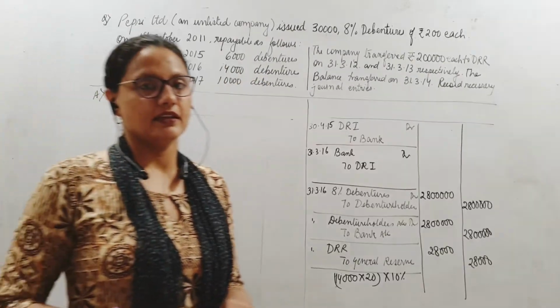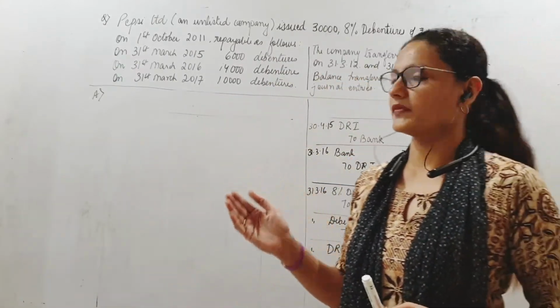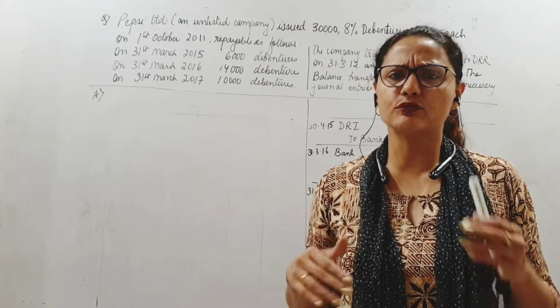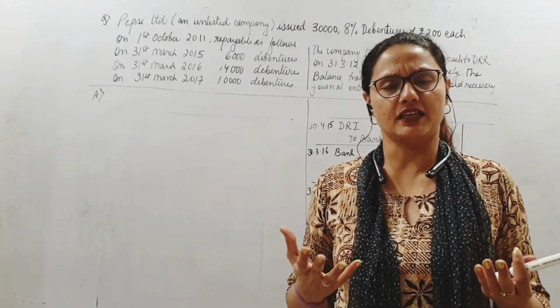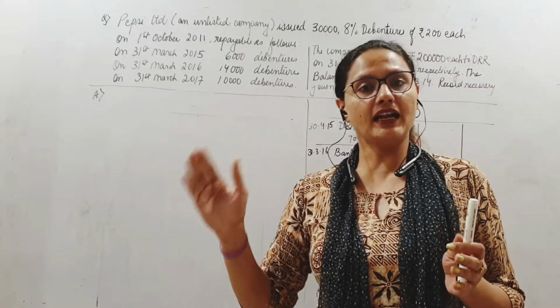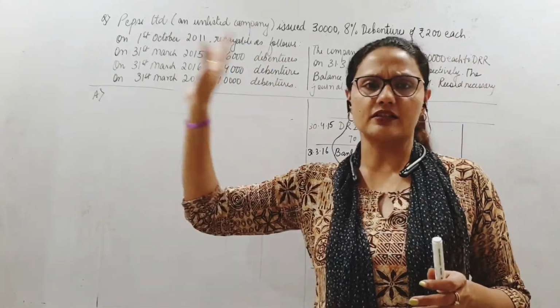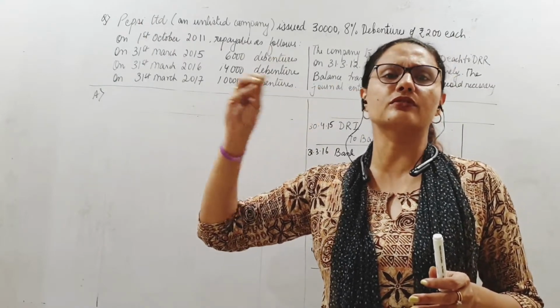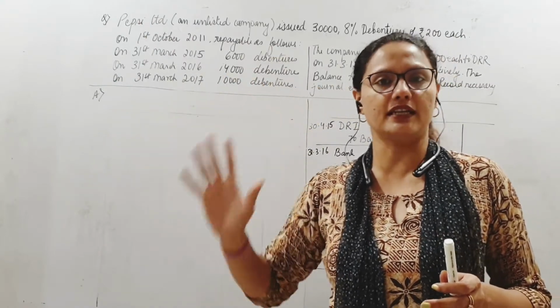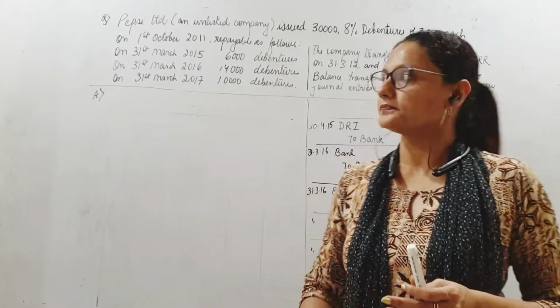What is happening? First year I redeemed 6,000 debentures. Now, obviously DRR wise, do I have to create more DRR? No. DRR I had created for all the debentures. And out of that, the DRR proportional to 6,000 debentures I transferred to general reserve because uska kaam khatam ho gaya, right? I don't need it. But DRI is a consideration.